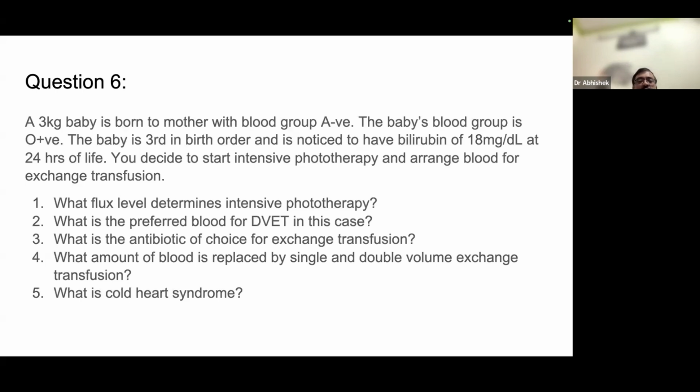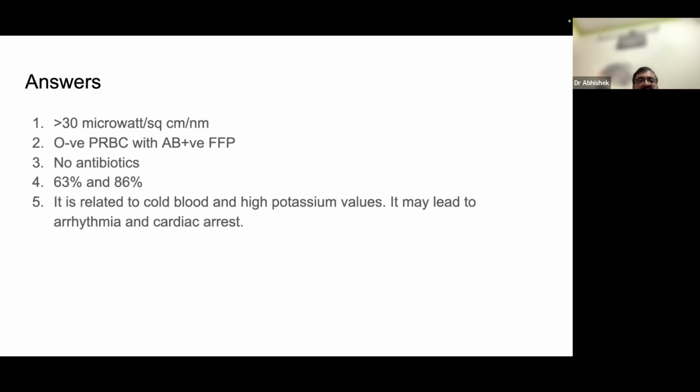Okay. What is cold heart syndrome? Basically it is related to cold blood and high potassium levels.